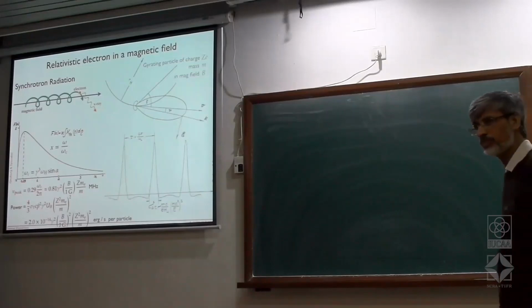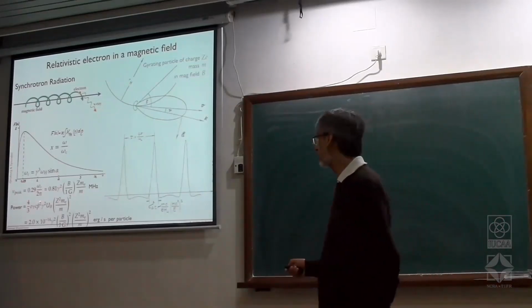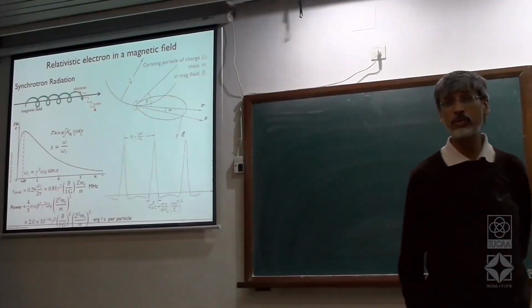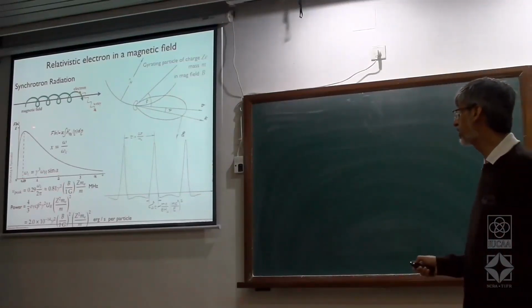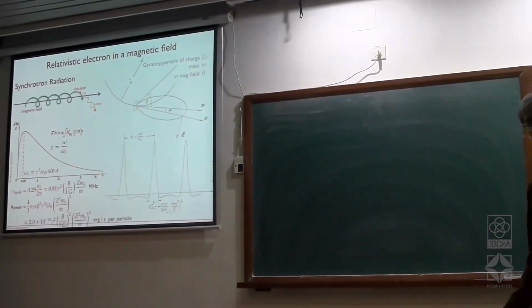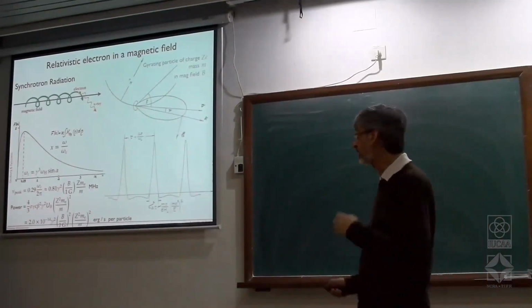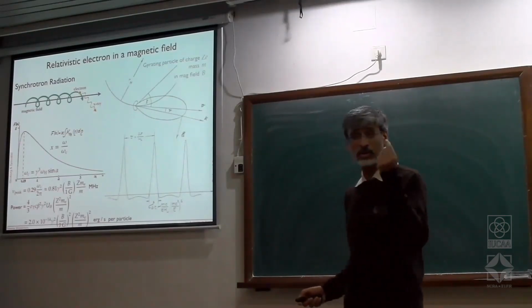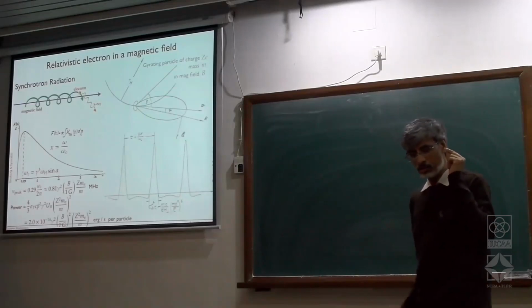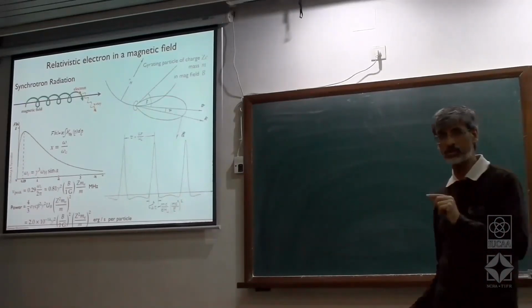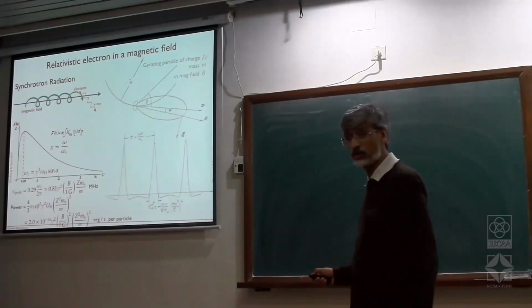Okay, so in the ultra-relativistic case, when you superimpose multiple harmonics, you get this shape. Here we are not talking about the frequency of individual harmonics. We are talking about the shape of the envelope.